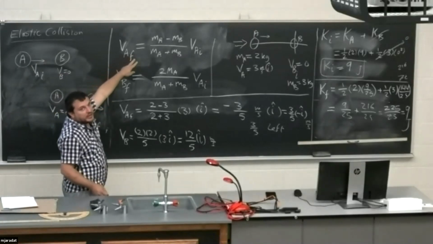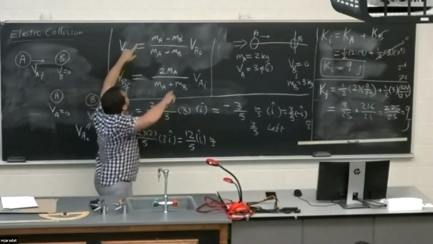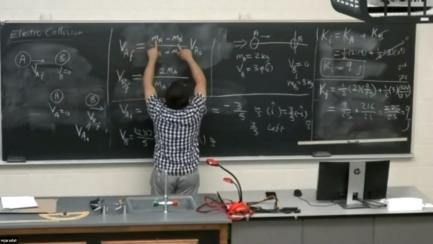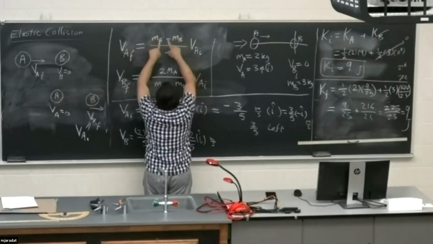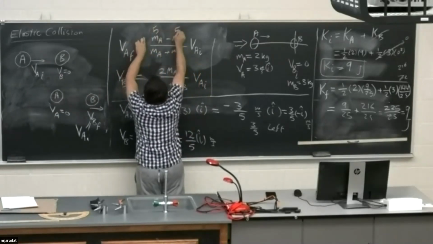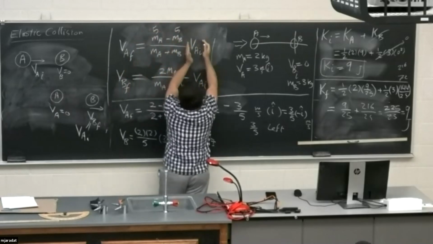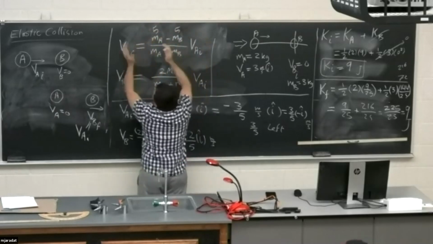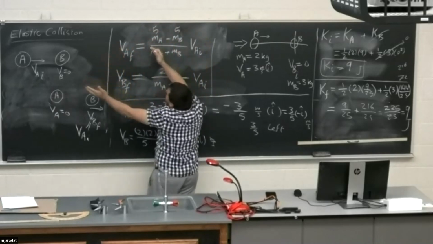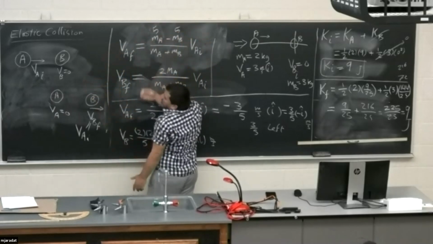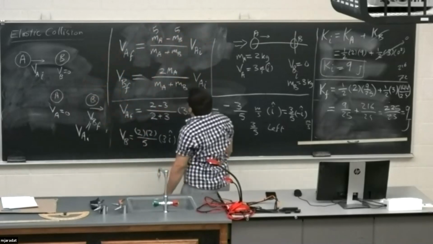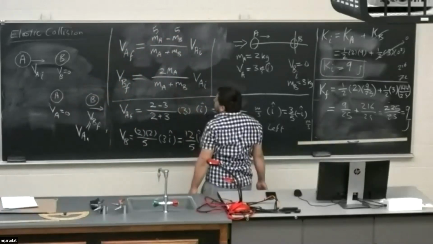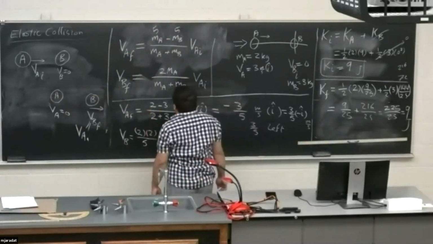Okay, let us apply here. If the mass of A is equal to the mass of B, this is 5, this is 5, the answer is 0. 0 multiplied by this is 0. Then the velocity of A after the collision is 0. What about the velocity of B?